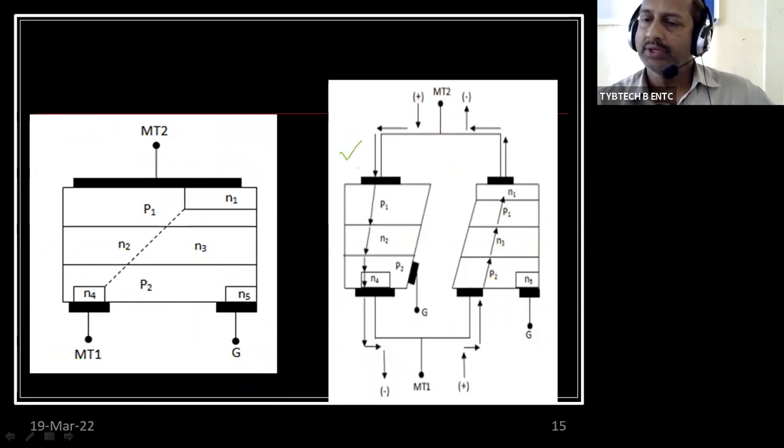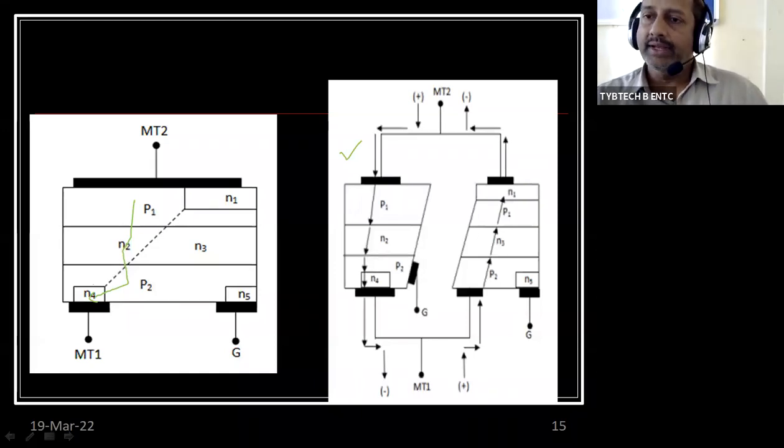On the right hand side, if it is tedious to draw the diagram, you can write in words. Case A: if MT2 is forward biased, current will flow through the layers P1, N2, P2 and N4.